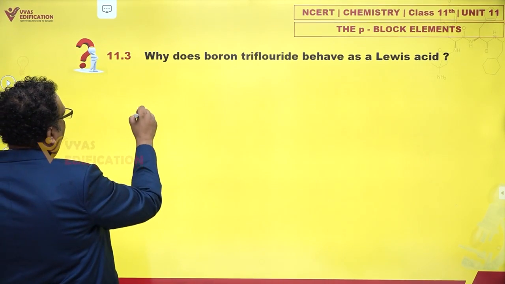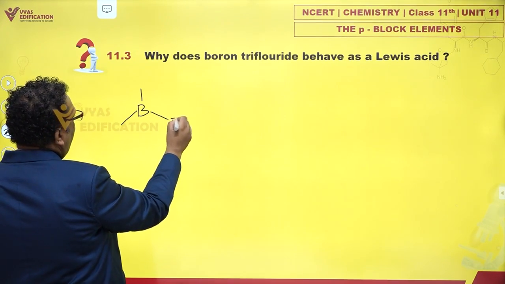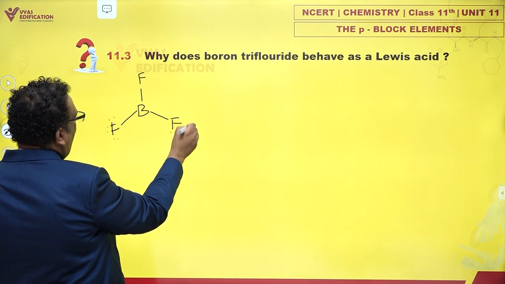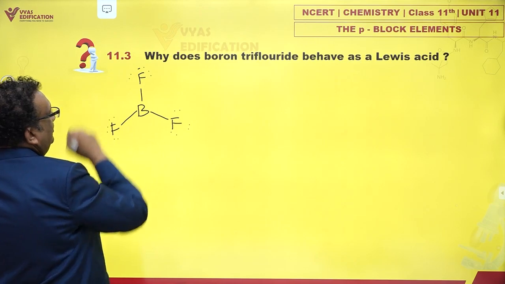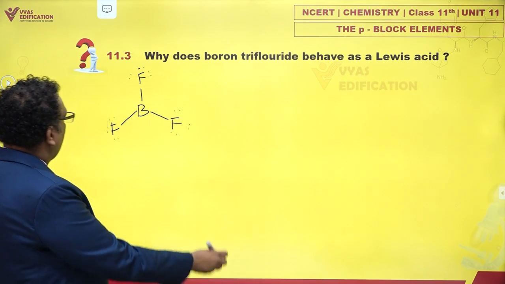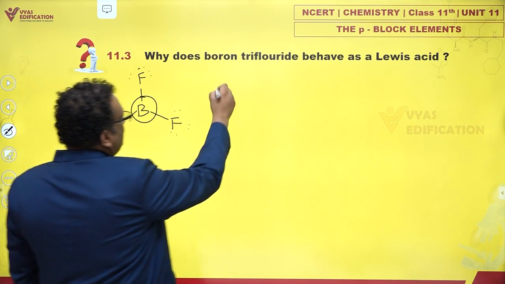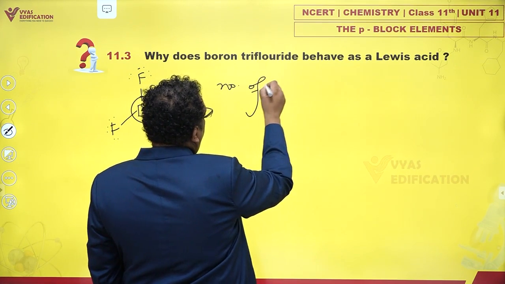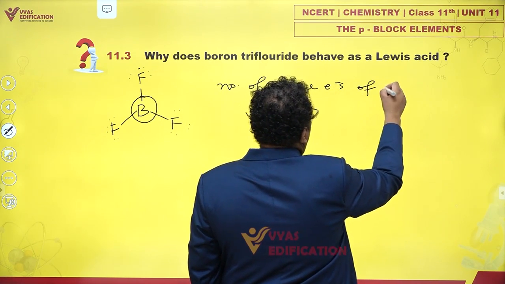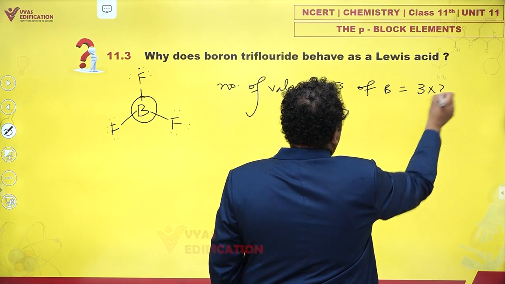Well, you have BF3. Let us draw the Lewis dot structure of BF3. This is the Lewis dot structure of BF3. And you would notice, if you count the number of valence electrons of boron, it is 3 into 2, which is 6.